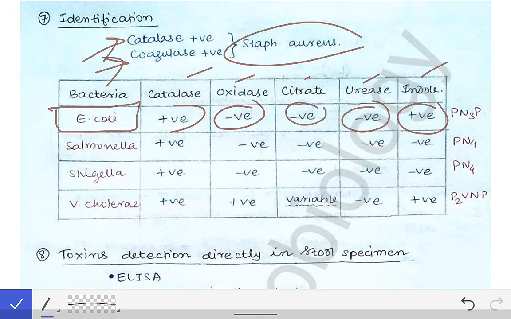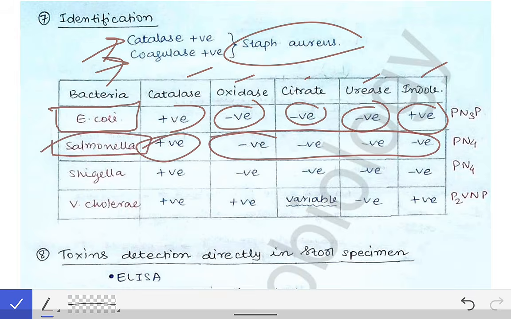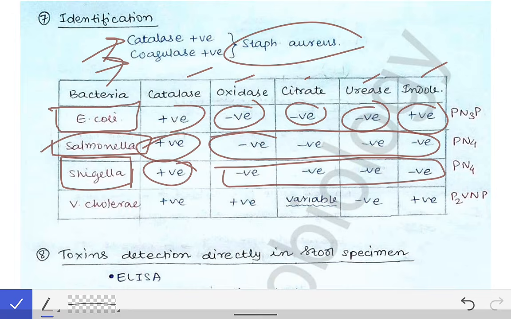If we see that only the catalase is positive and all other tests are negative, it can be Salmonella. Again for Shigella, the catalase is positive but all other tests are negative, that means it can be Shigella. Then we have to see Vibrio cholerae.